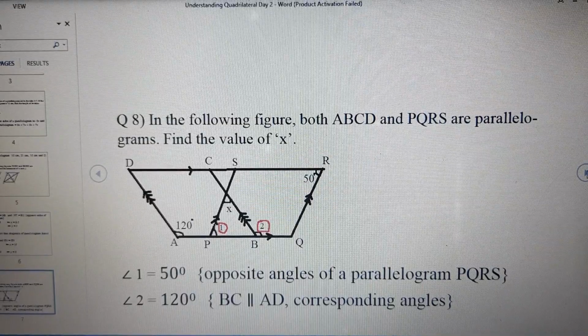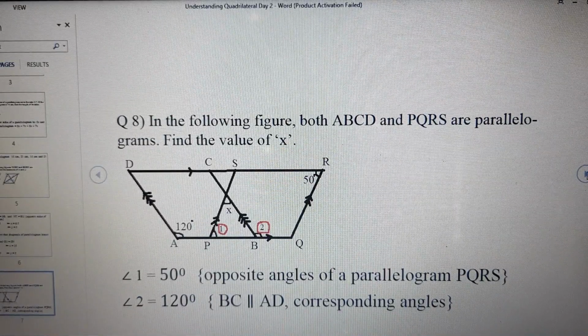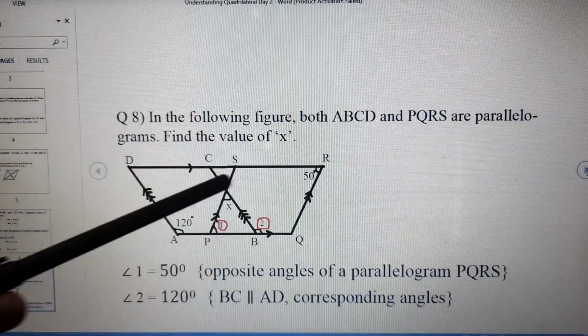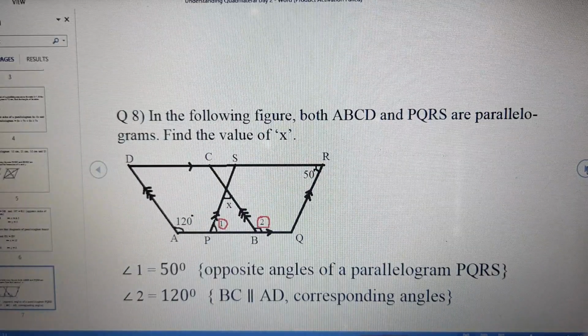Now, if you see it very carefully, PQRS is a parallelogram. So, parallelogram says that opposite angles are equal.